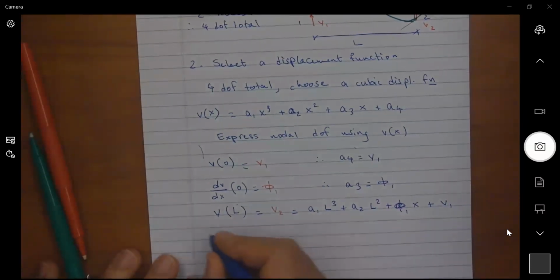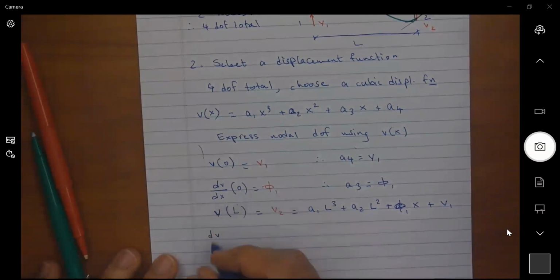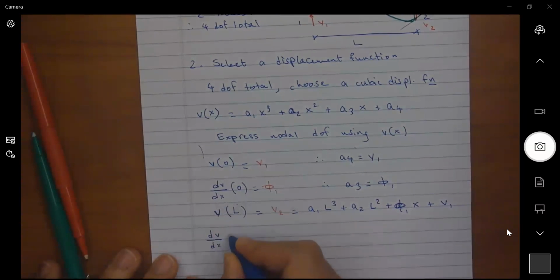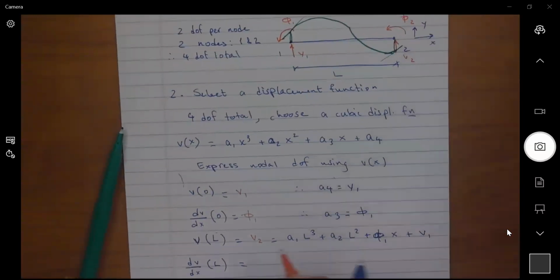Right? Then if I do dv by dx at x equal L, these are all lowercase v's by the way, this would be equal to Phi2 here.